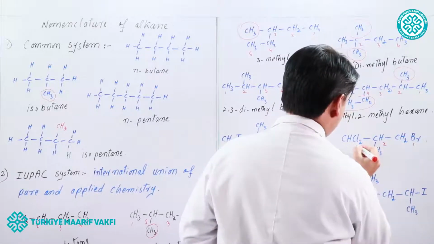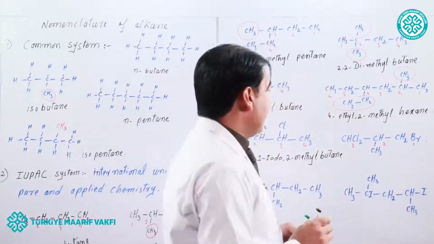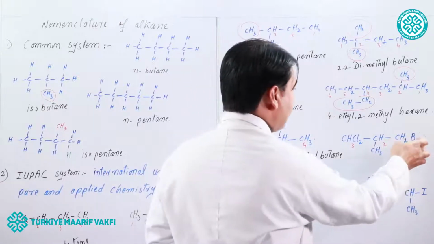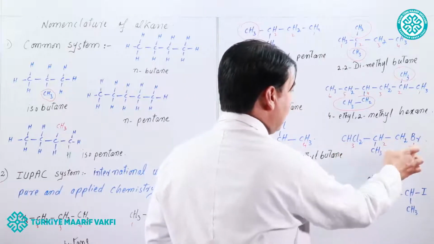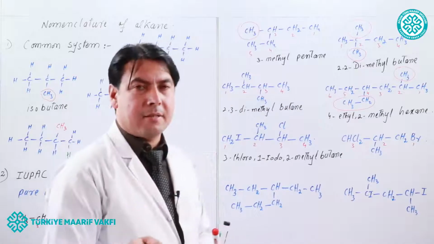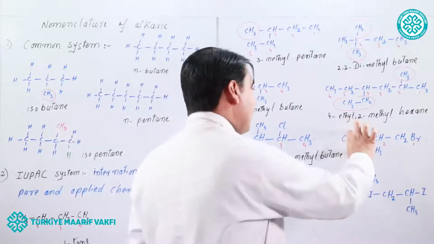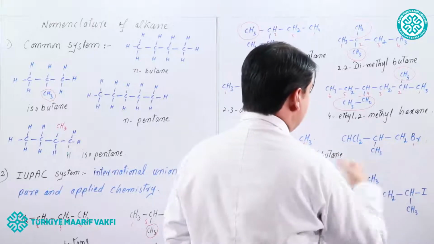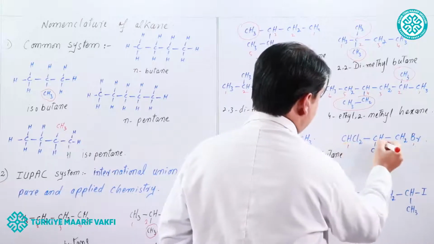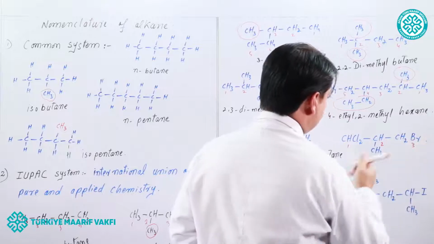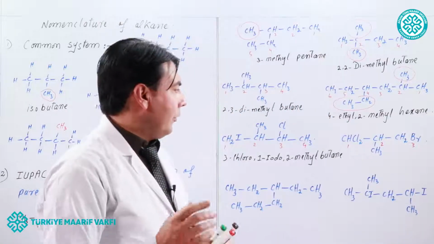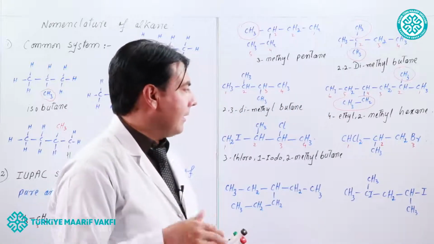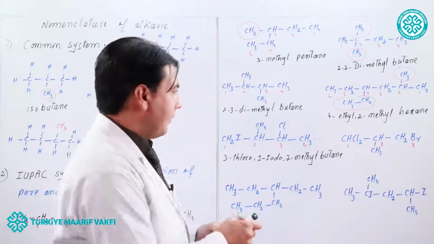Now look at another example. 1, 2, 3. How many substituents are there? If I start numbering from this carbon, the substituent is at the first carbon. But look here, there are 2 substituents, so we have to start the numbering from this carbon. 1, 2, 3. Now we have to name the substituents on the basis of alphabetical order.